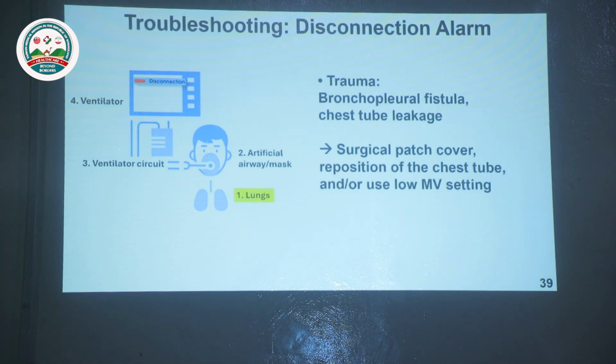You can imagine that if you have an injured site or a hole in the chest wall, and you deliver positive pressure, this positive pressure can go out through the hole in the chest wall. If this happens, sometimes we decrease our positive pressure setting, such as the minute ventilation setting or our tidal volume setting, to prevent leakage of positive pressure from the injured side of the chest. But these things rarely happen.